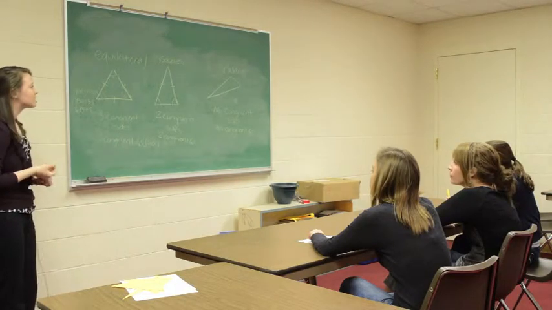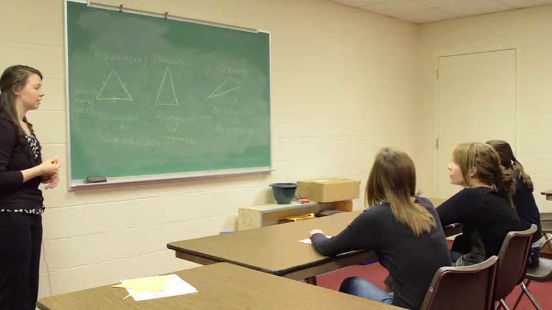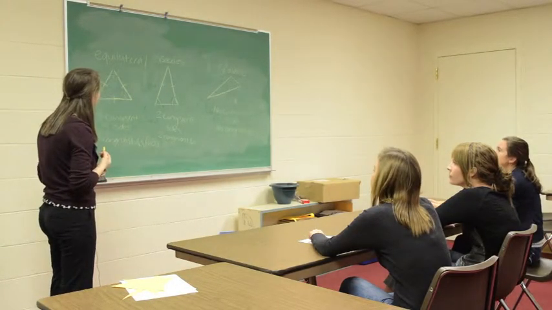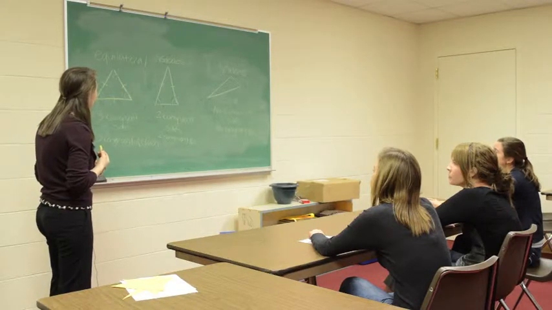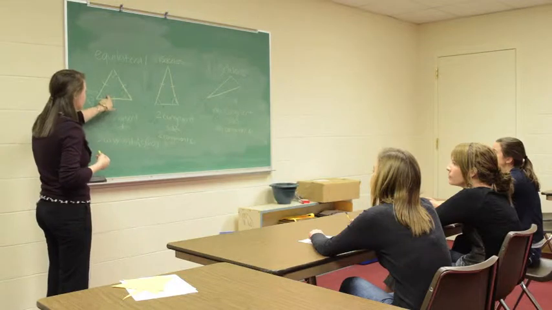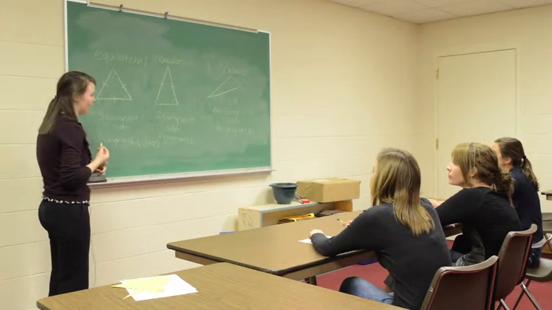Does anyone have any questions about equilateral, isosceles, or scalene triangles before we move on? Yes, Erin. What's the funky little S thing that you have inside the equilateral triangle? The S's in this case are just representing the measurement of the interior angles.